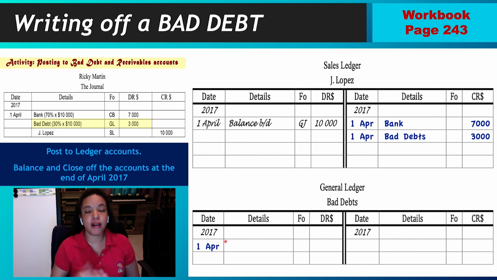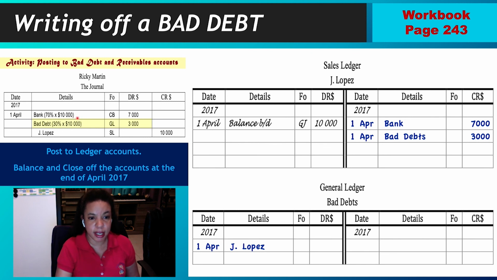Besides you knowing now that it is the account that was credited, since you're on the debit side, even easier. Bad debts, your details would be accounts receivable, whatever the name of the person is. So in this case, they gave us the name. Who is our receivable? J. Lopez. So you're going to write J. Lopez.